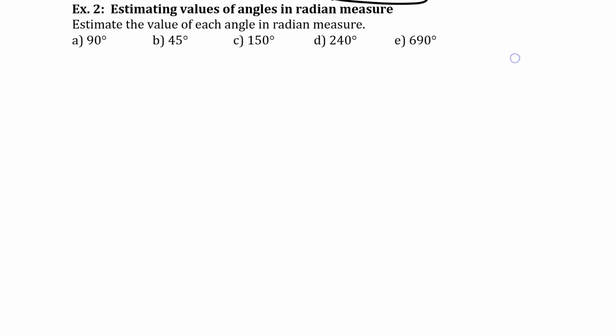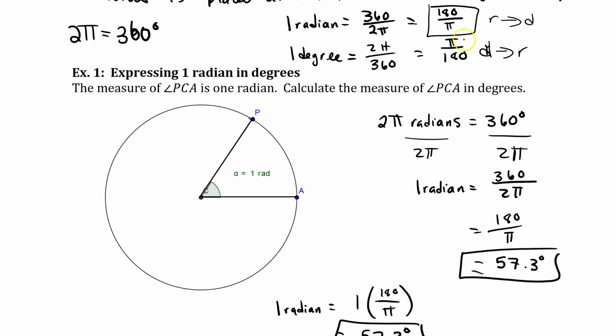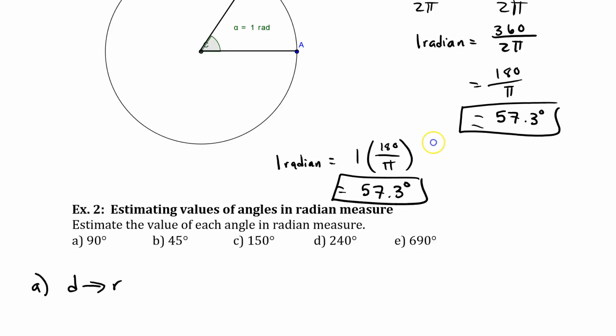Example number 2. Estimating the values of angles in radian measure. So 90 degrees, and then 45 degrees, 150 degrees, 240 degrees, 690 degrees. Whew, it's over 360. So A, we are given degrees and we want to get to radians. So what am I going to do? Degrees to radians, we're going to multiply by pi over 180.